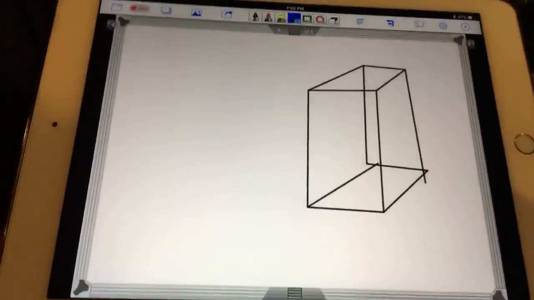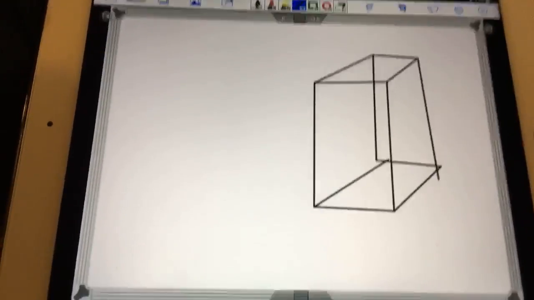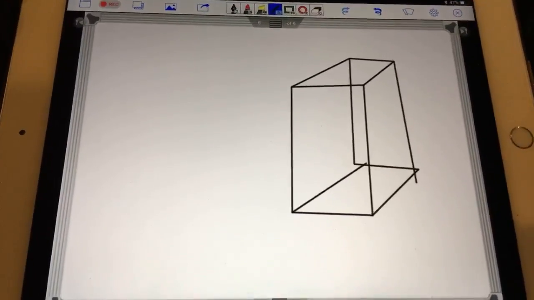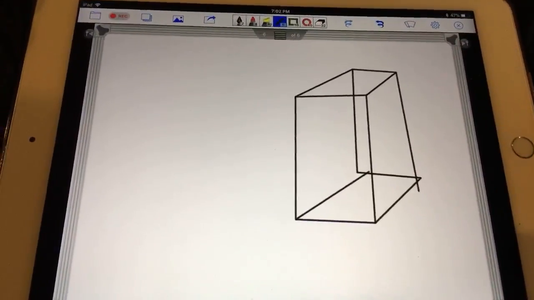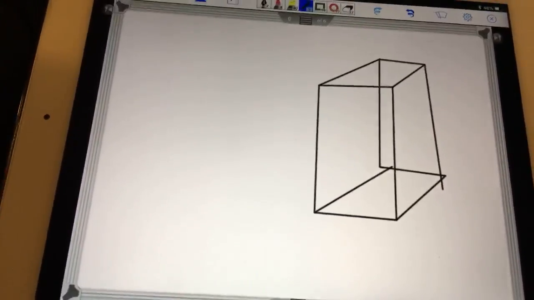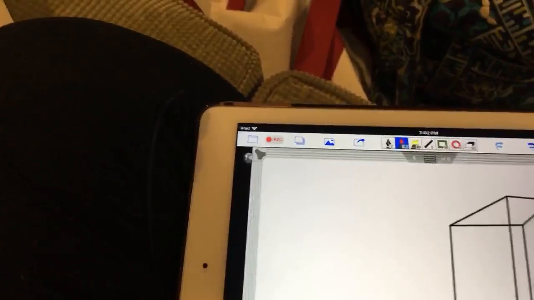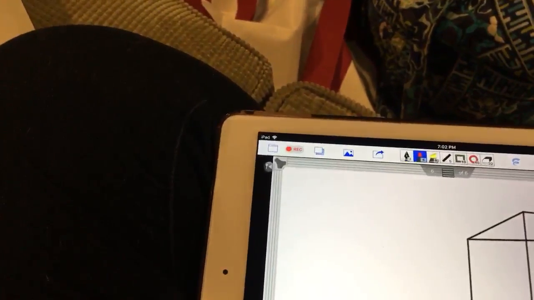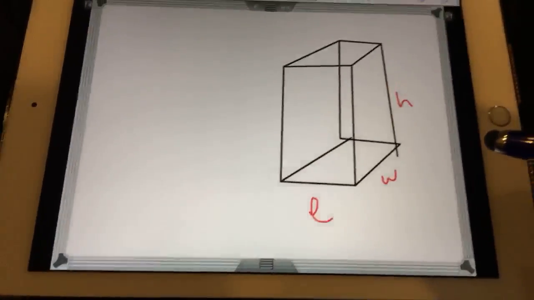Okay, we are going to pretend that that is a rectangular prism that is perfectly right and not at all tilted, okay? And let's say that we know the length, the width, and the height, okay?